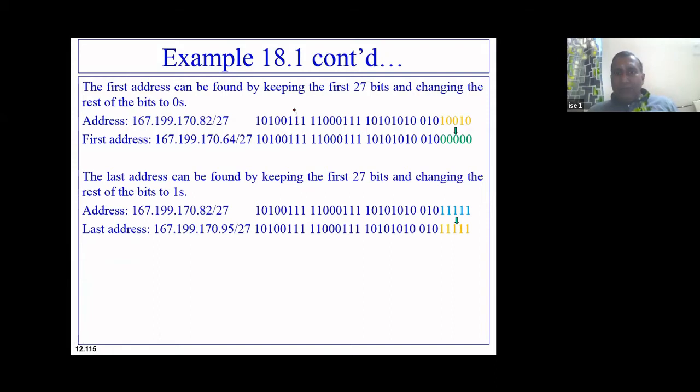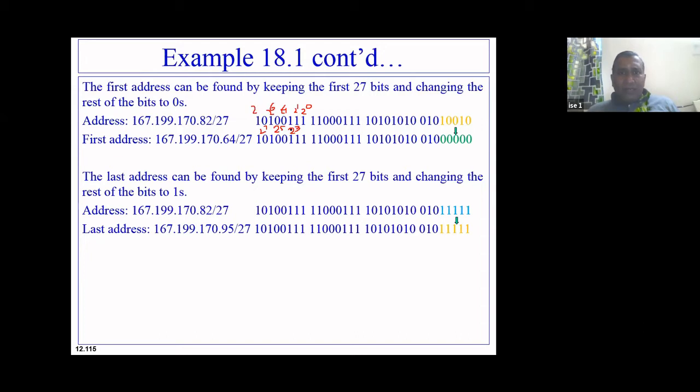This is 2 to the power 0, this is 2 to the power 3, this is 2 to the power 4, this is 2 to the power 5, and this is 2 to the power 6, this is 2 to the power 7.